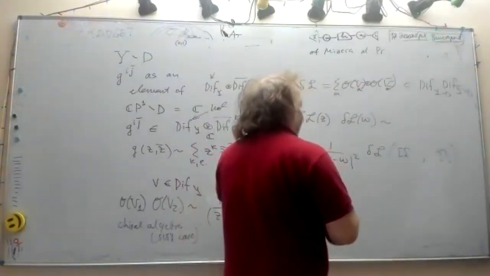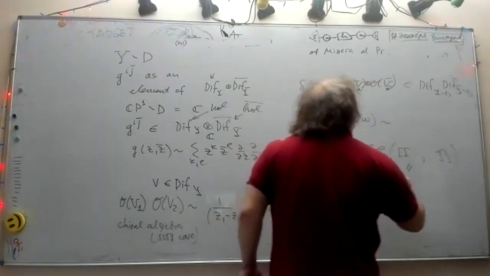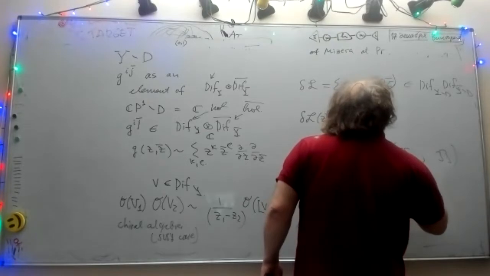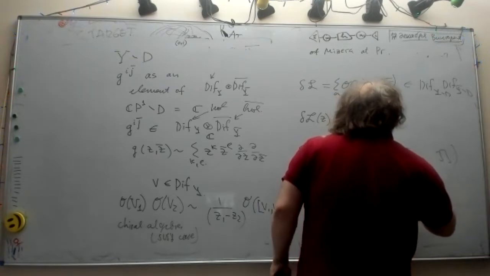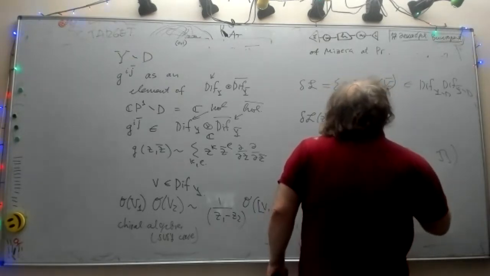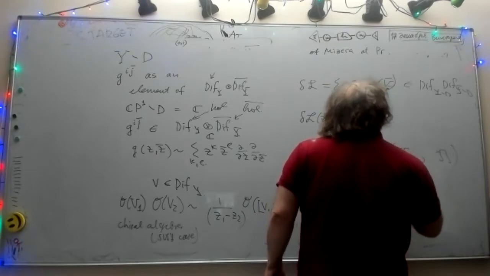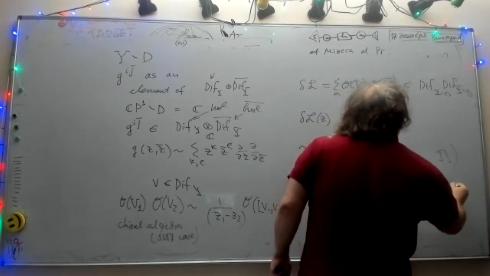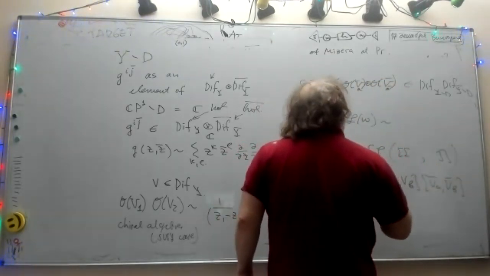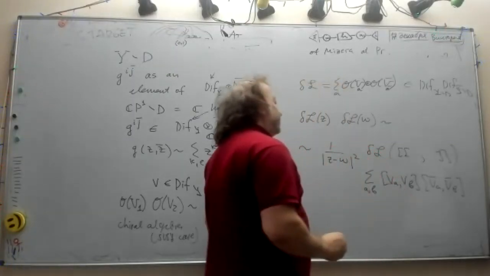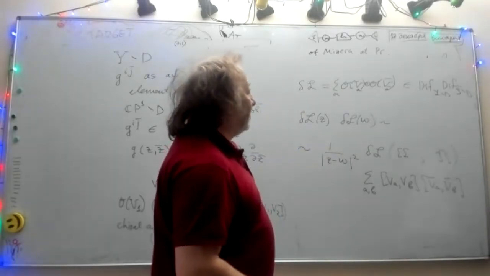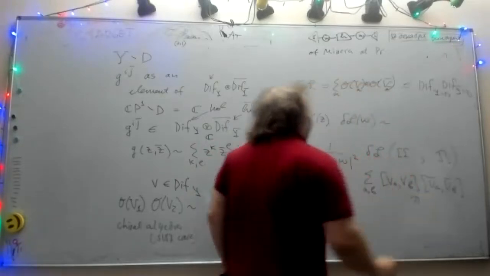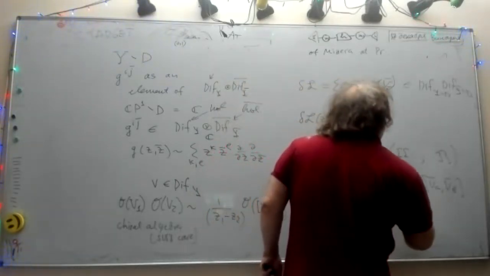Double bracket means that I have V_A bar, V_B, and I have a sum, and that's what stands here, and then I understand this as an element of the same space of diff times diff.